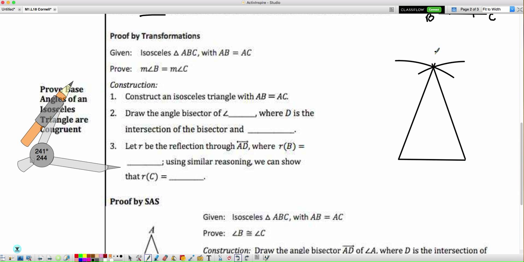And again, I'm going to label this top angle as A, and then I'll do the left as B and the right as C.